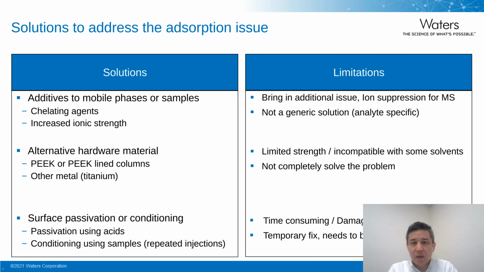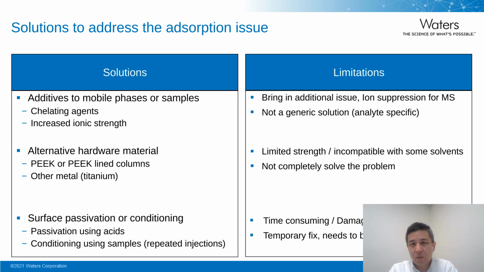The use of titanium alloys sometimes does help to reduce the interaction between analyte and the iron surface, but it's still a metal. It can have interaction between the titanium alloys and analyte. So it does not completely solve the problem.